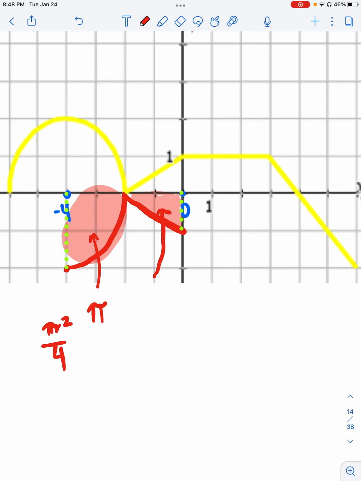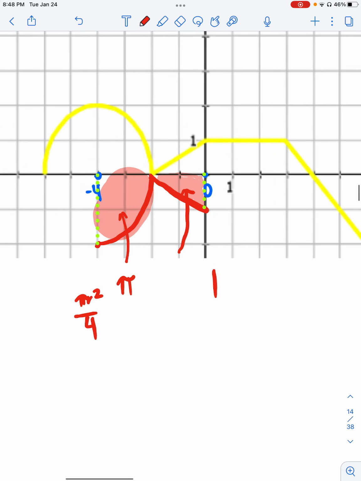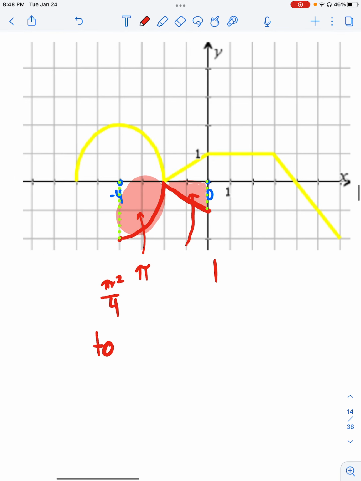Right triangle, the base is 2, the height is 1, so 1/2 times 2 times 1 is just 1. So that triangle has an area of 1, okay? So the total area here is pi plus 1.